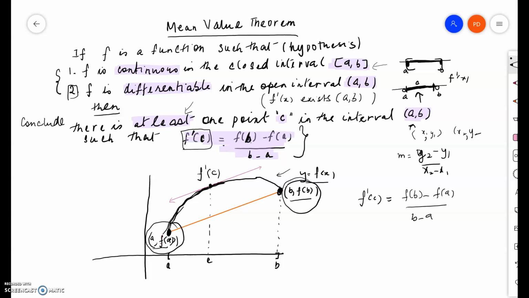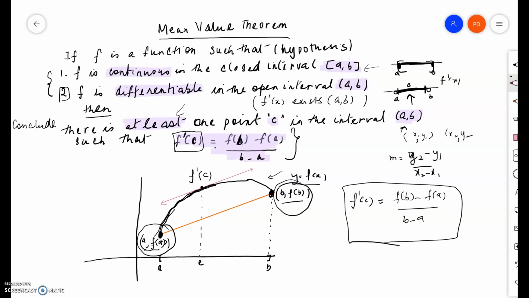So there is such a point c where the slope of the tangent line, f prime of c, is equal to the slope of this line joining the two points (a, f of a) and (b, f of b). So this is the mean value theorem.